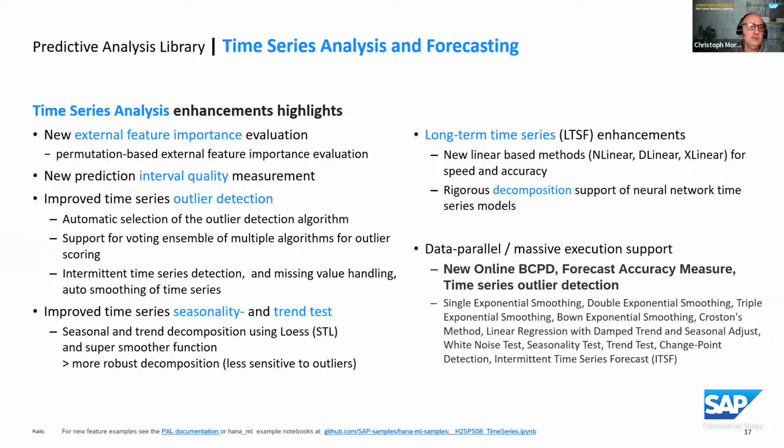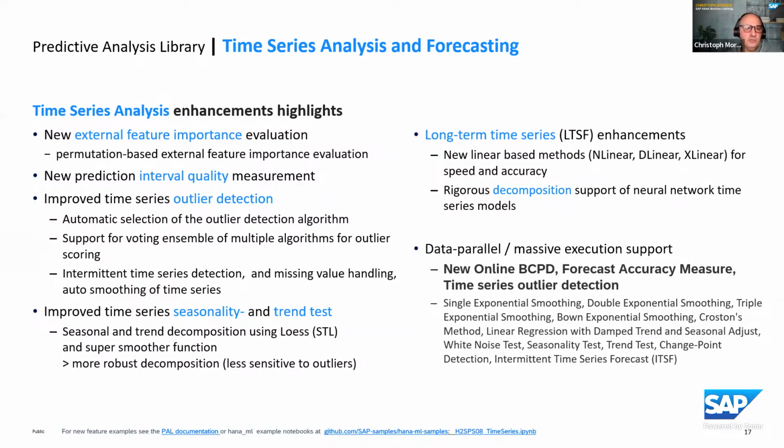And then there's also the option to use a voting ensemble of multiple of these outlier evaluation scores in order to include all the aspects of outlier qualification in that step of time series analysis.